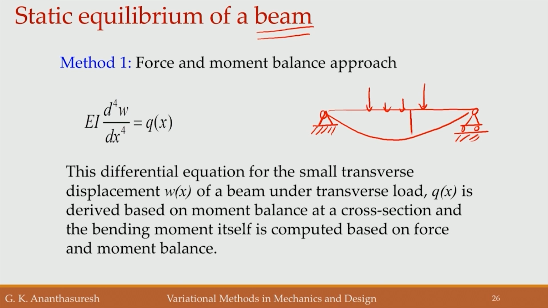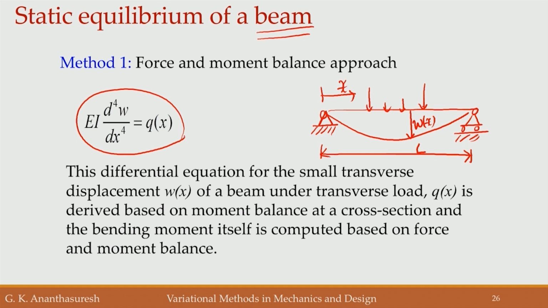So, now we call this function W of x, the transverse displacement, where x goes from 0 to L. Let us say the total length is L. Now, this beam can take a number of shapes as deformation, but it takes a particular one which satisfies this equation, which is a differential equation where the loading is q of x and there is Young's modulus E, the second moment of area I, and W is our unknown function which is the deformation of the beam.